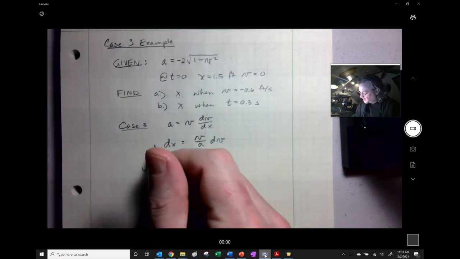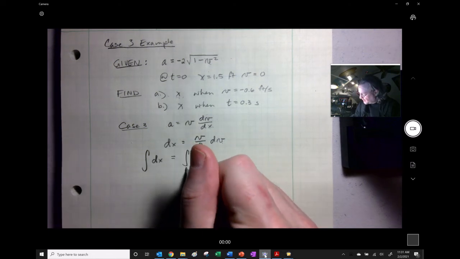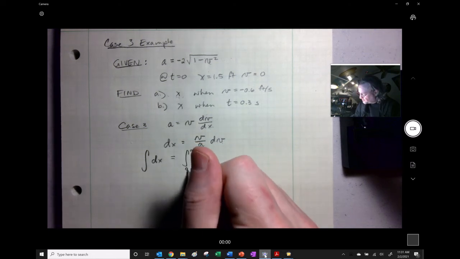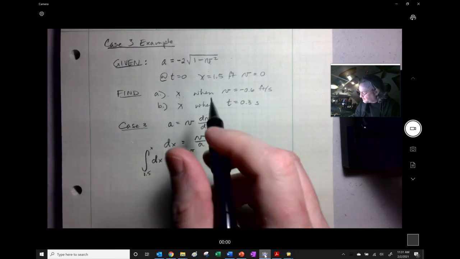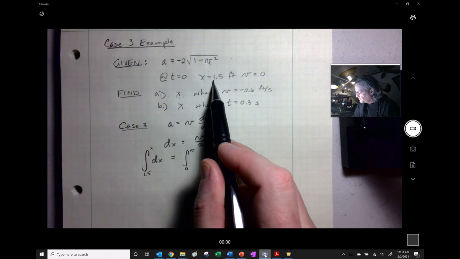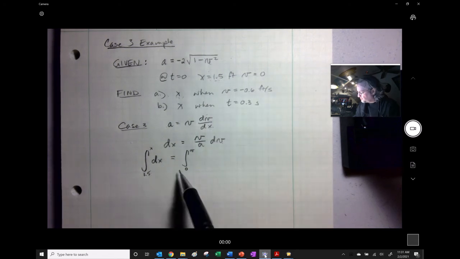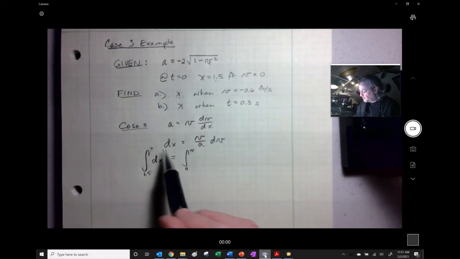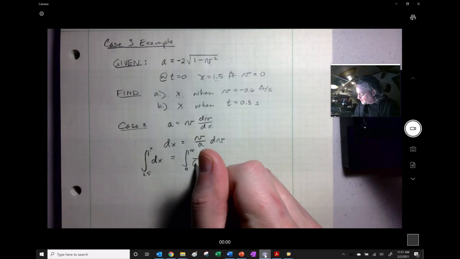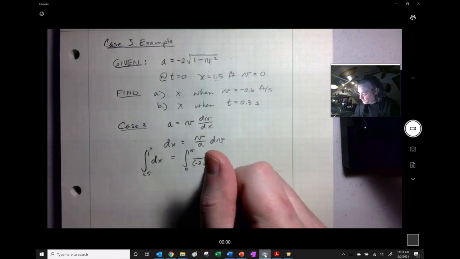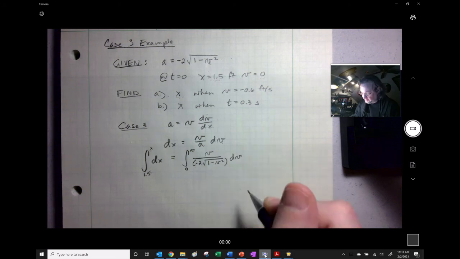So I can say the integral of dx, and we're going to take the integral from 0 to v, right? And by the way, this is going to be from 1.5 to x, because they correspond with each other. Here's 1.5 and here's 0, and then we're leaving these as variables. So we take the velocity and divide it by -2 square root of 1 minus velocity squared, dv.